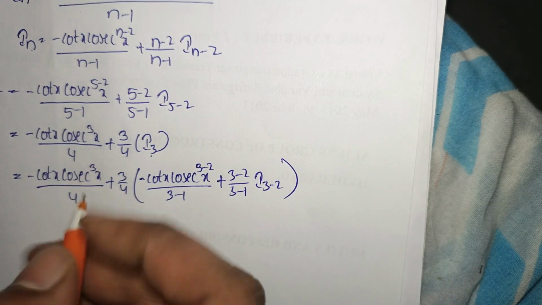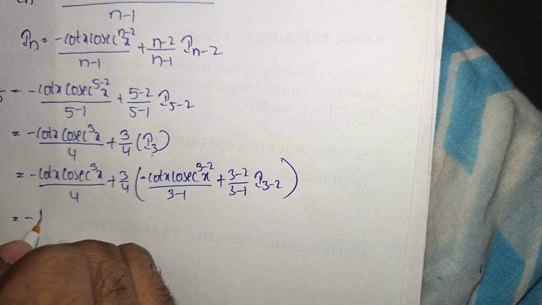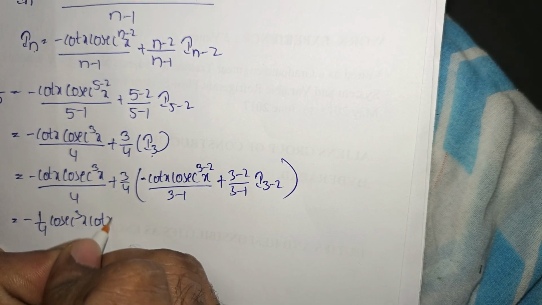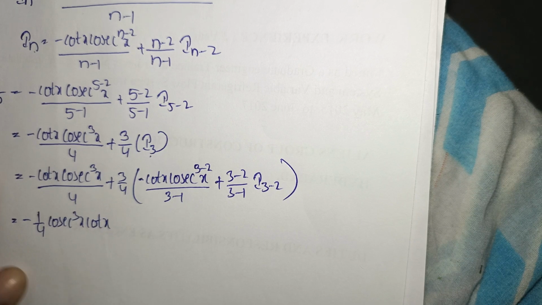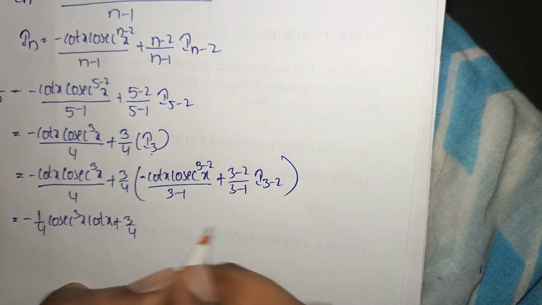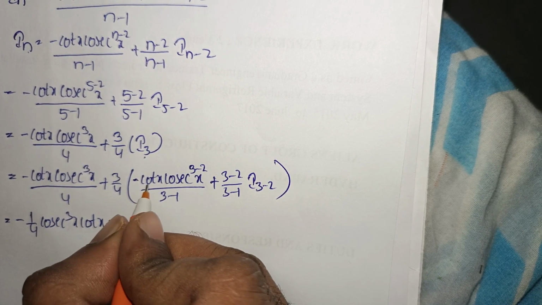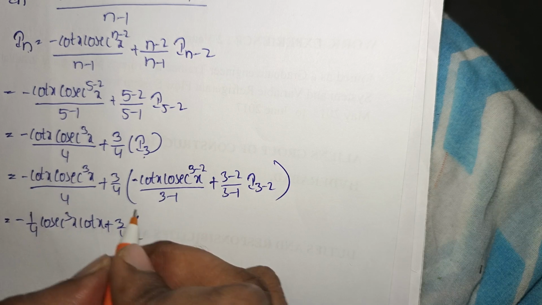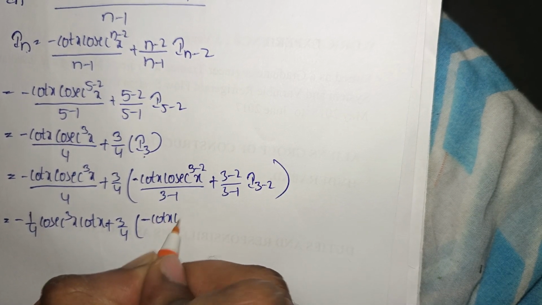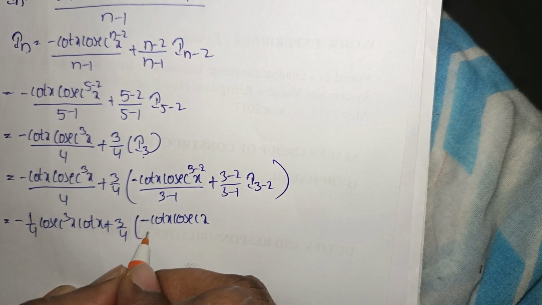So what we get here is minus 1 by 4 cosecant cube x cot x, because the highest power should be written first, so I'm writing cosecant cube x cot x, plus 3 by 4 times minus cot x cosecant x, because 3 minus 2 is 1, so cosecant x by 2.